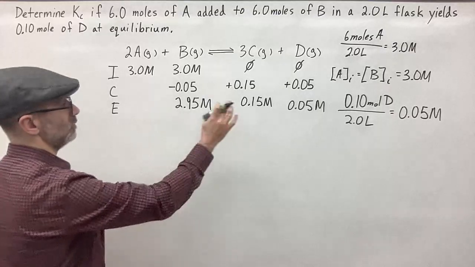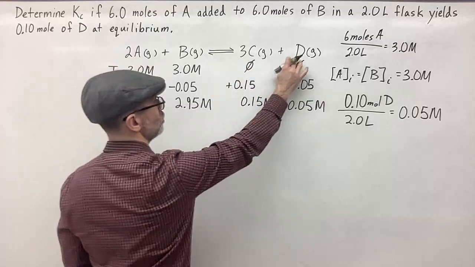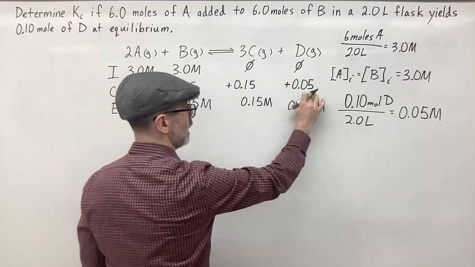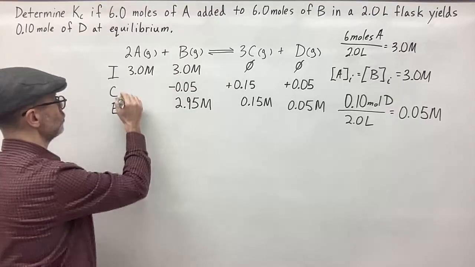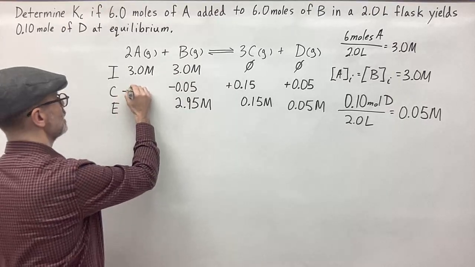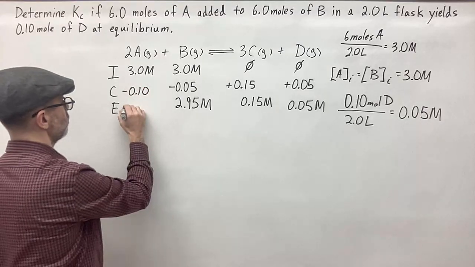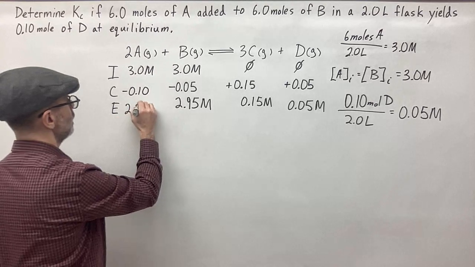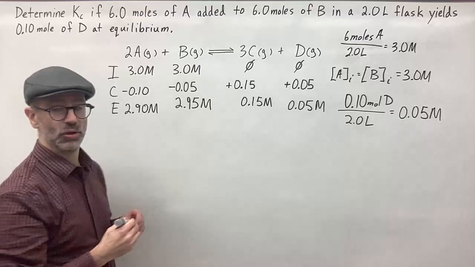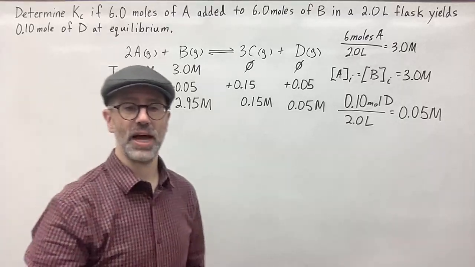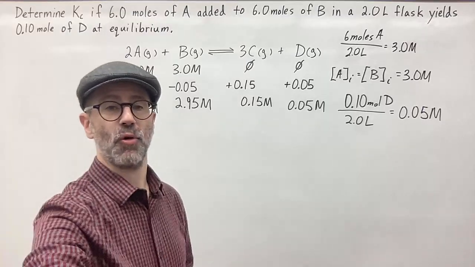And for this one, it's a 1-to-2 ratio, so if I gain 0.05 there, then I'm going to lose double that amount. So I'm going to lose 0.10 here. So this is going to end up becoming 2.90 molar at equilibrium. Okay, and so now we can plug this into our equilibrium expression for K.